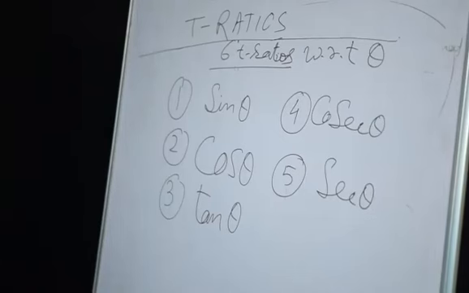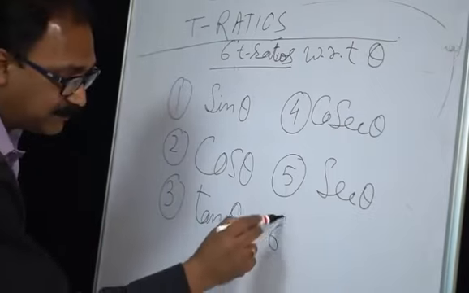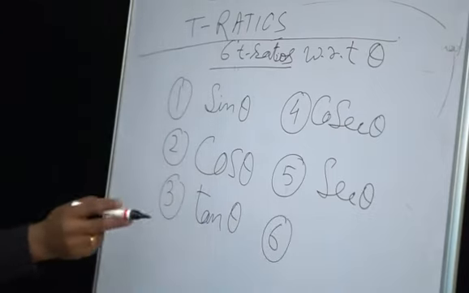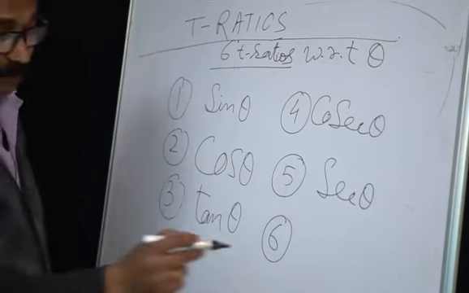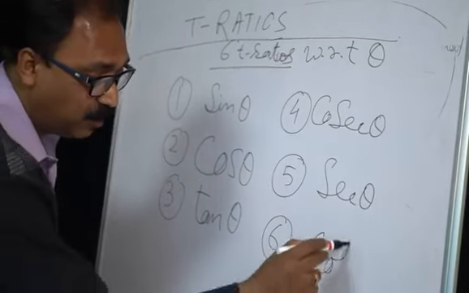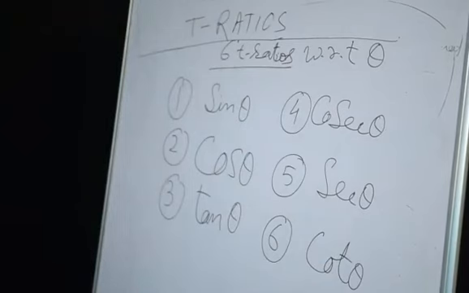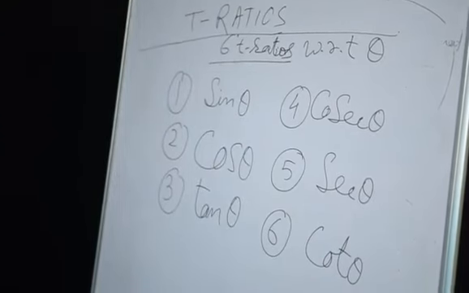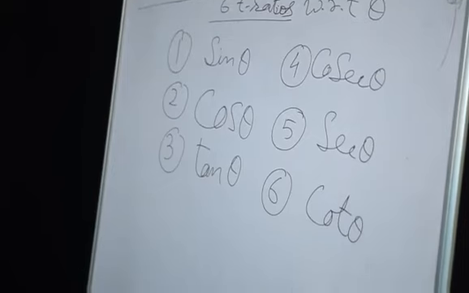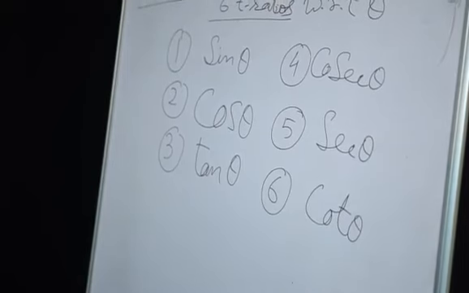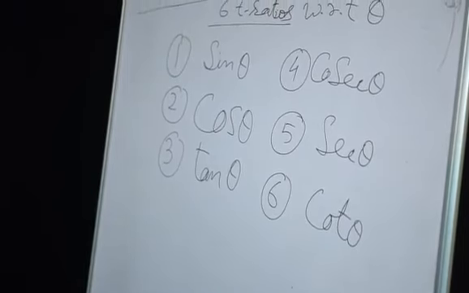Clear? Then number 6 is cotangent, C-O-T-A-N-G-E-N-T, we use cot theta. Clear? These are the 6 trigonometric ratios. What are they? The names are sin, cos, tan, cosec, sec, cot.